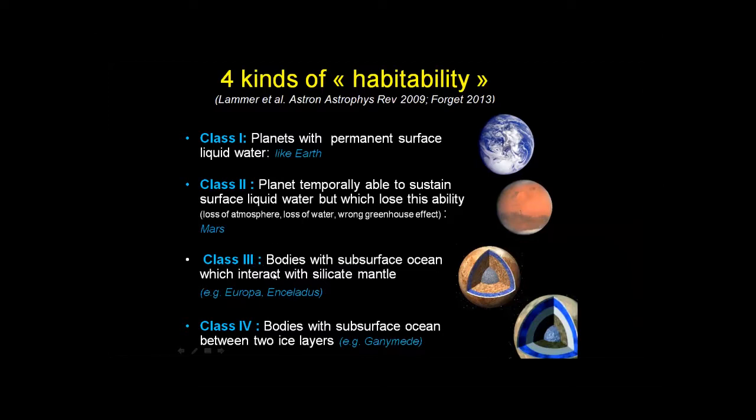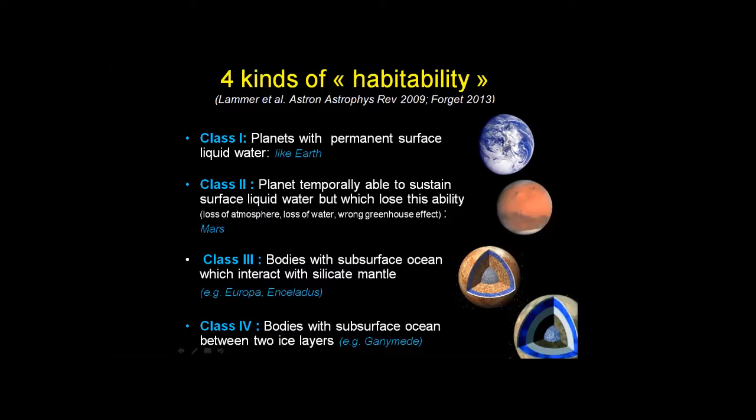Class 3 being the bodies with subsurface oceans in the interior. In the case of class 3, we imagine that it's a good place because the life interacts with the silicate mantle, like Europa and Enceladus, so you have plenty of chemical energy, for instance, and nutriments. And last, you have class 4 in this classification, which are the bodies with a subsurface ocean between two ice layers.